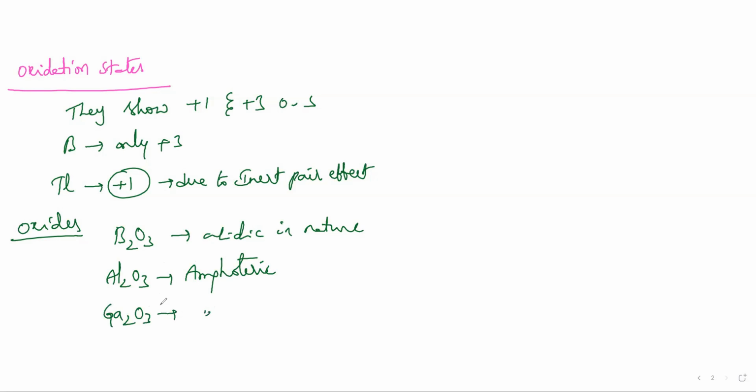Ga2O3 is also amphoteric. Whereas lastly, indium and thallium oxides are basic in nature. Okay.